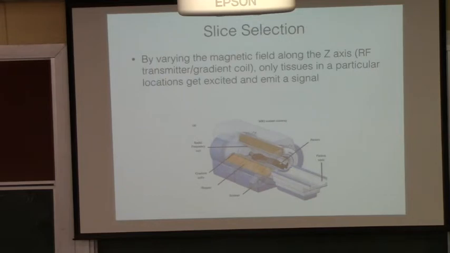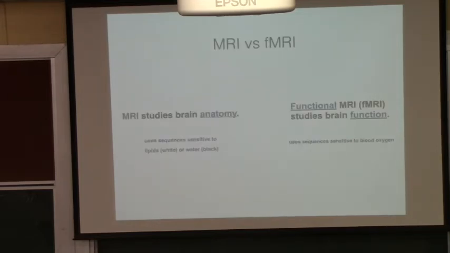And so a lot of times people ask, well, what's the difference between MRI and fMRI? Basically you're using the exact same scanner, the only difference is the sequence that you're using. In MRI studies, you're concerned about anatomy. You're using sequences that are sensitive to lipids or water, while functional MRI studies function of the brain, and you're looking at sequences that are sensitive to blood oxygenation.